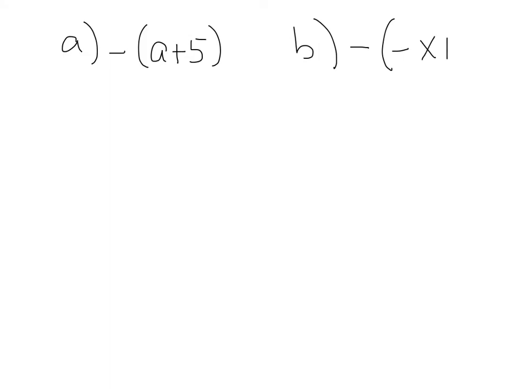Now let's look at the got it section on the middle of page 5. This part's easy. I'm only going to do 2 examples. Example A is negative times a plus 5, and B is negative times negative x plus 31. So look at what it says there next to B. What does the negative sign in the front of the parentheses mean?